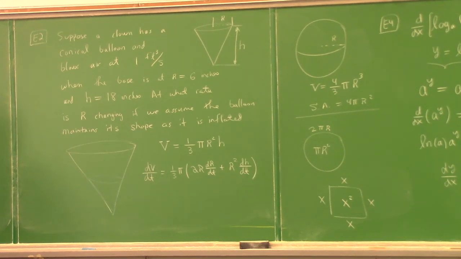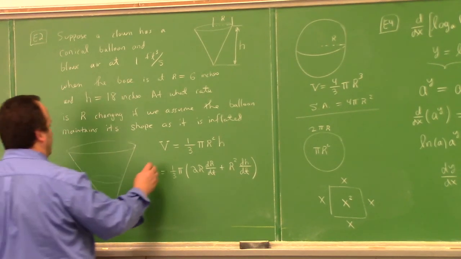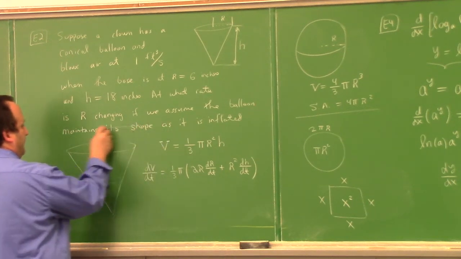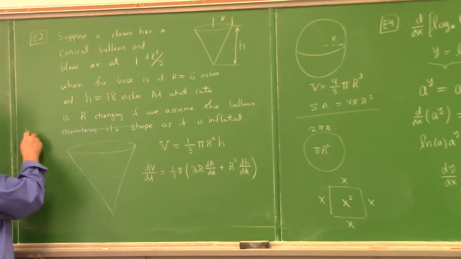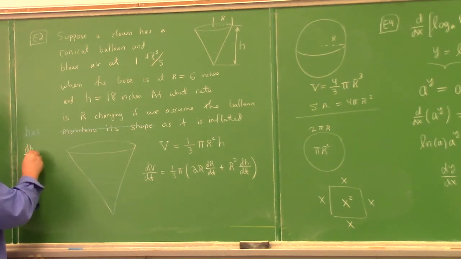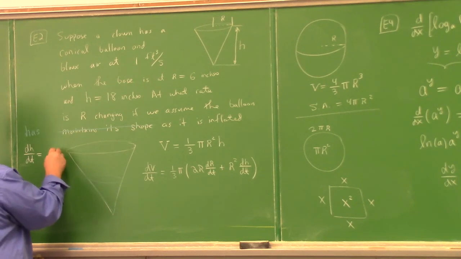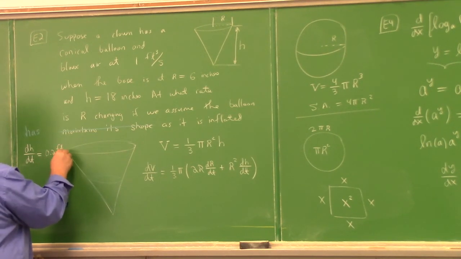Instead of assuming the balloon maintains its shape, let me cross that out and replace it with something a little bit easier. If we assume that the balloon has, let's say, dh/dt equal to 0.2 feet per second.